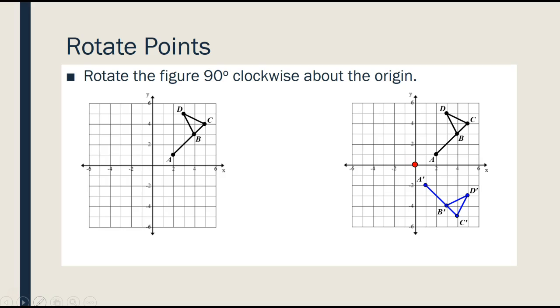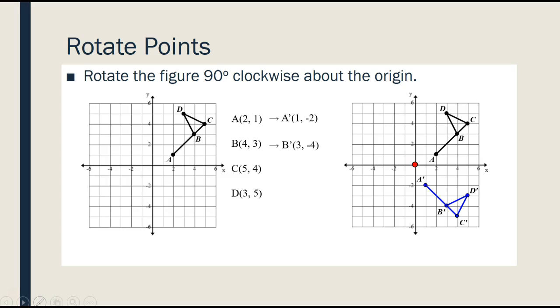And now, let's take a look at those original coordinates from our pre-image and see if we can figure out what the pattern might be for a 90-degree clockwise rotation about the origin. So, A prime was 1, -2.